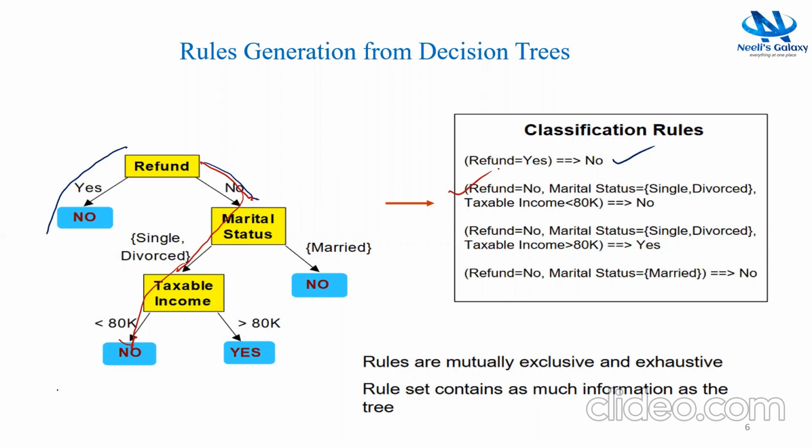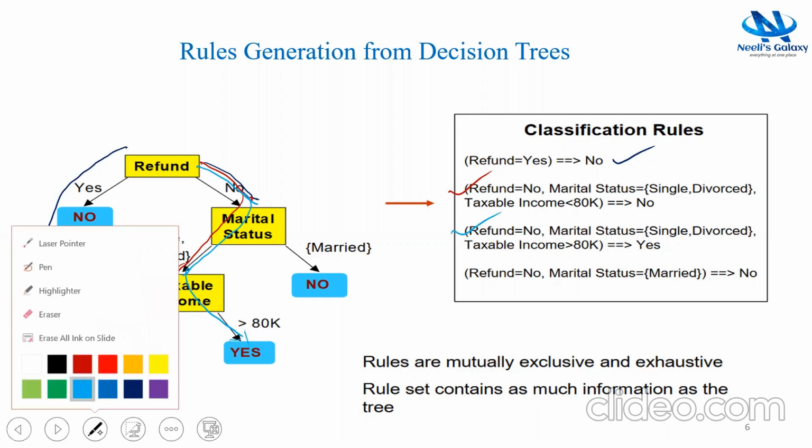And what is rule 3? Take another path. If refund is equal to no, marital status is single or divorced, and taxable income is greater than 80K, then it leads to the yes class, which becomes rule 3. And now take another path of the decision tree and form another rule.